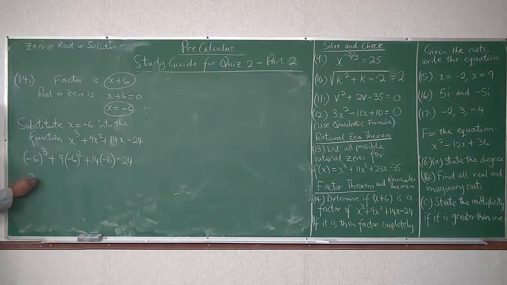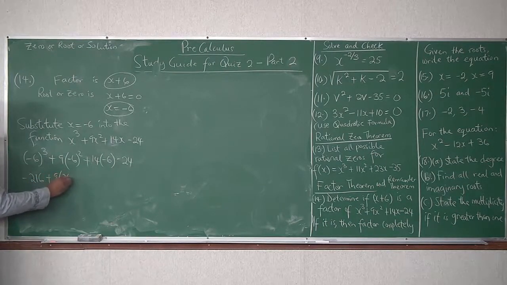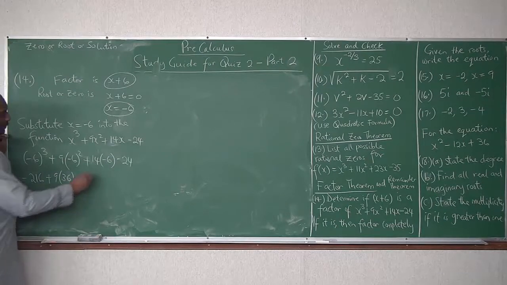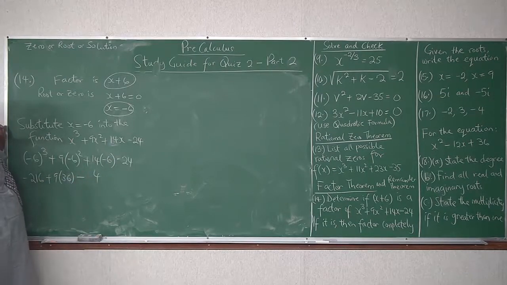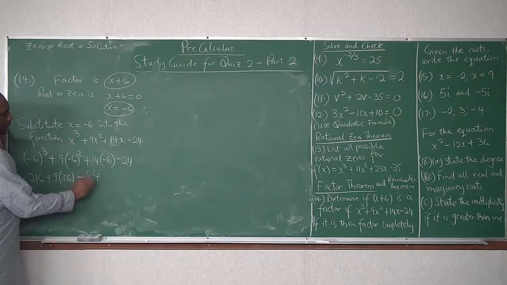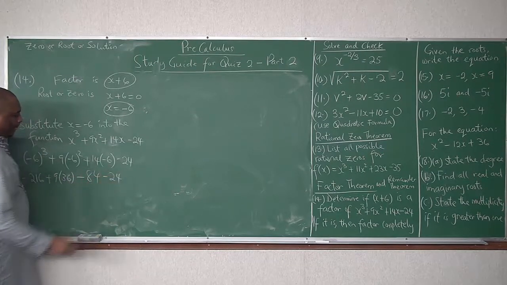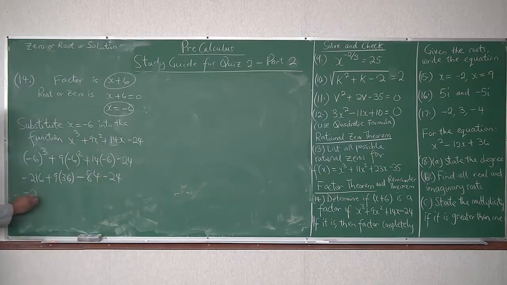Now this will give you -216 plus 9 times 36 minus 6 times 4 is 24, 4 carry 2, 6 times 1, 6 plus 2, 8 minus 24. So this is -216 plus 9 times 6, 54, 4 carry 5, 9 times 3, 27 plus 5, 32.